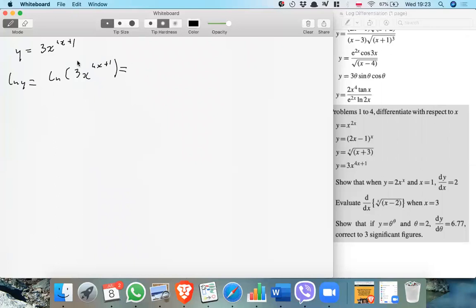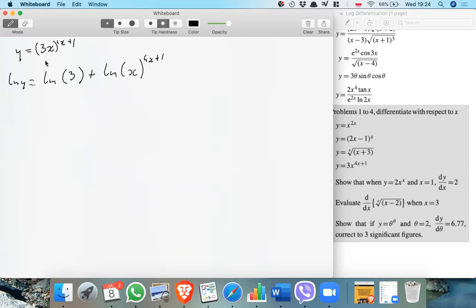I need to rewrite this a little bit. The reason I had to rewrite this is that we have a product of 3x, so that's why it's ln 3 plus ln of x to the 4x plus 1, and the power is only applicable to the x.